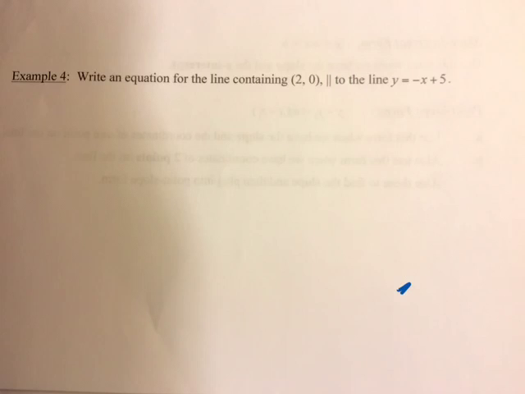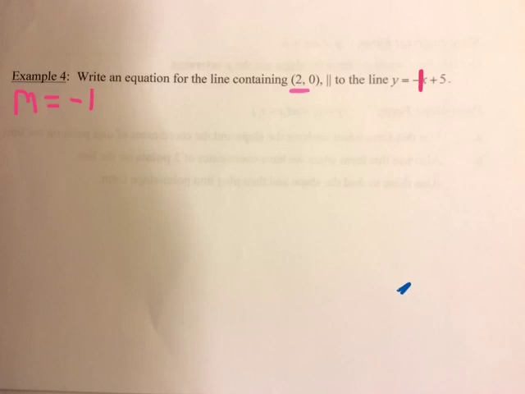And last example, I'm going to write the equation of the line containing this point, and it's parallel to the line negative x plus 5. So remember, with parallel lines, their slopes are exactly the same. And technically, there's a 1 in front of that x. So the slope of our new line is going to be negative 1.